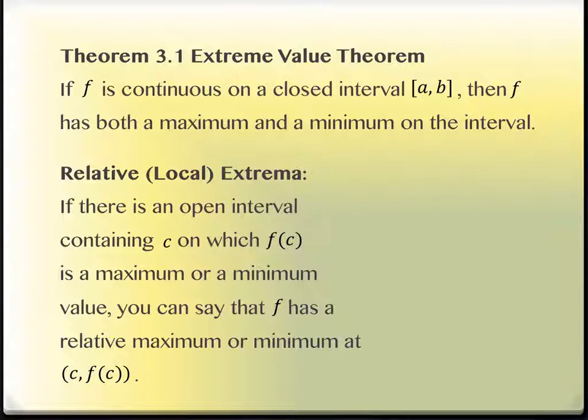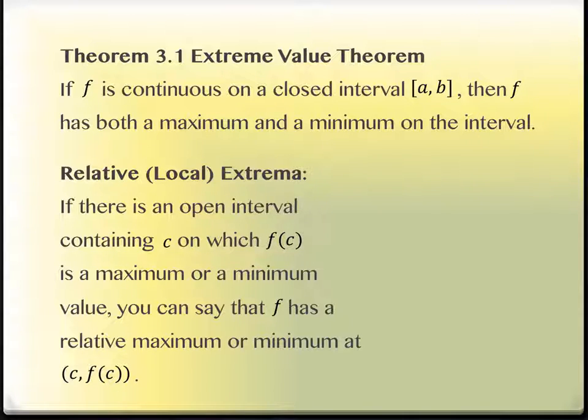So if you're looking at a small interval, then you're relatively a maximum or relatively a minimum point. But when you're talking about an absolute maximum or absolute minimum, you're talking about a much larger viewing window. Honestly, a lot of times we're talking about the whole graph itself. Not always, but we could be talking about the whole graph itself when we're talking about absolute extrema as well.